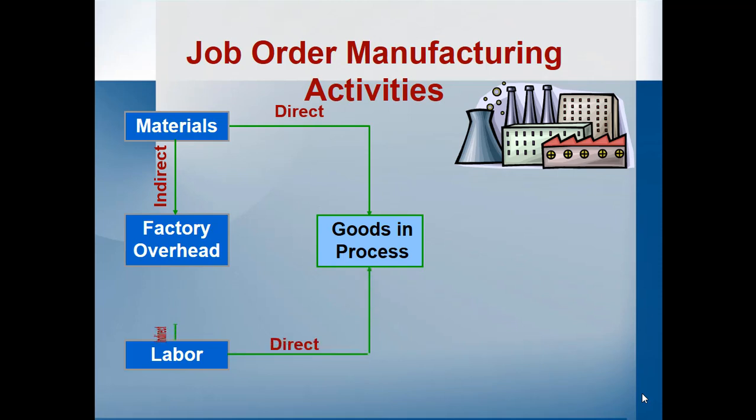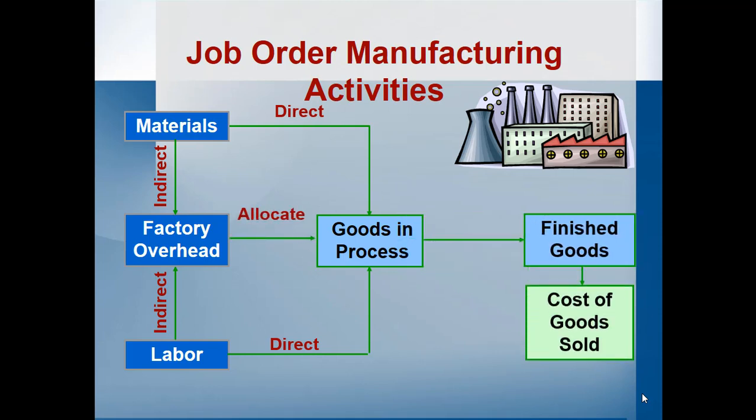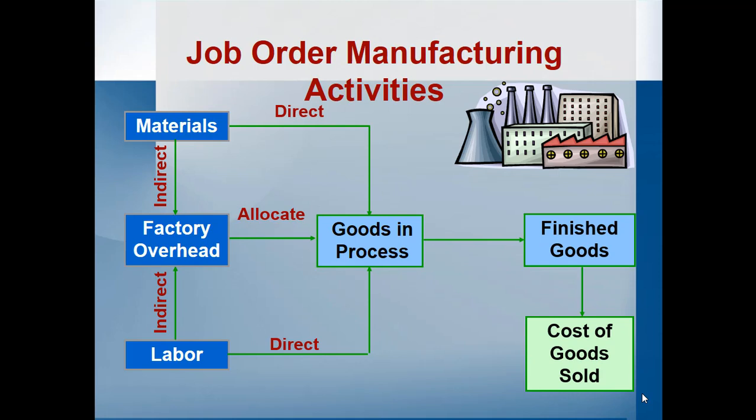If it was indirect, it went up into manufacturing or factory overhead. And finally, we had to make sure that the overhead made it into the cost of that job, into that work in process or goods in process account. So we would allocate overhead into that account. Once something was finished, we would take it out of work in process and put it into finished goods. And then once something was sold, we would take it out of finished goods and put it into cost of goods sold.